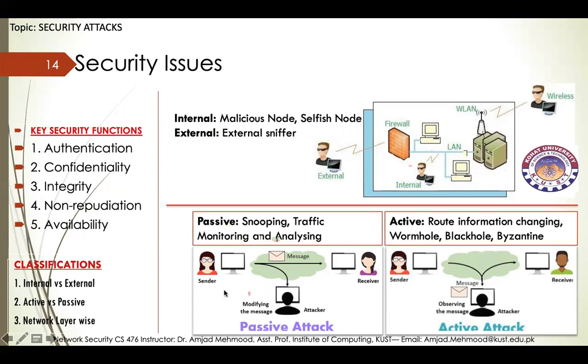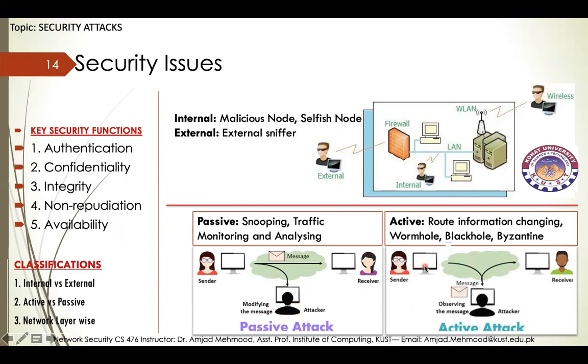And passive, you can see here, the sender is sending something to the receiver, and this is intercepted by some malicious user between them. And what he is doing is just viewing the information, and he is not modifying anything. So this is called passive.